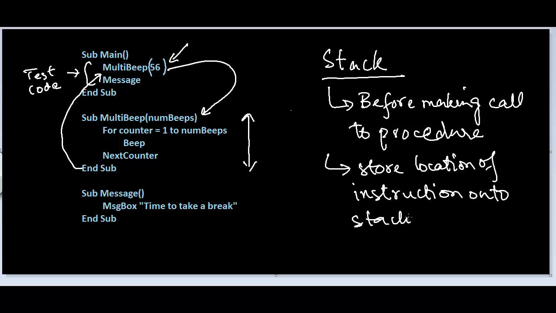So now that you've stored the location of the instruction onto the stack, the control can be transferred to the procedure. The procedure can execute, and once the procedure is done with its execution, we look back at the stack to determine what location was saved there. We find out that location, and so we resume our program code from that point onwards.